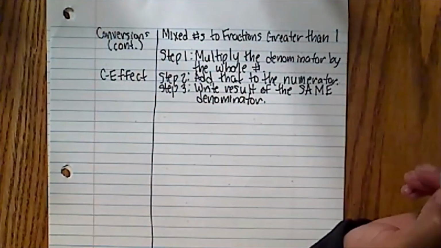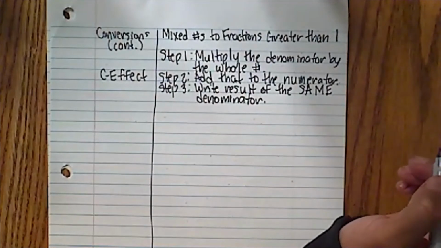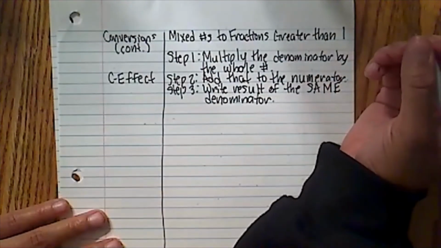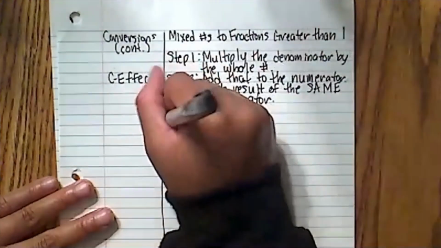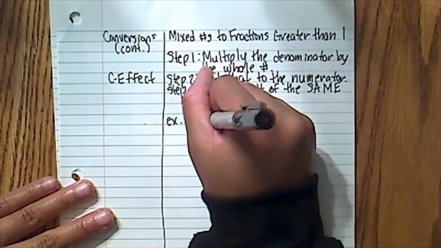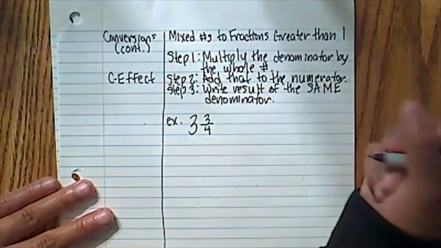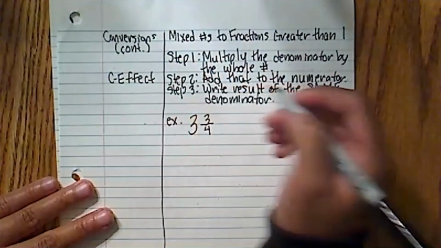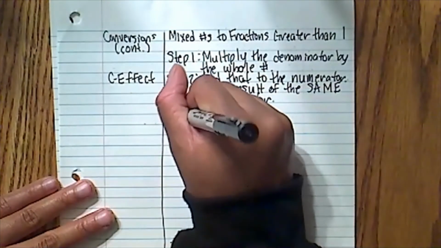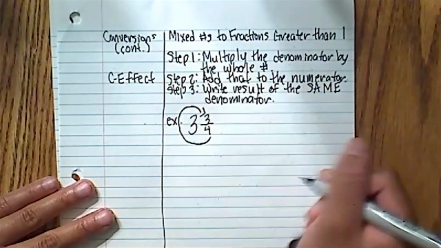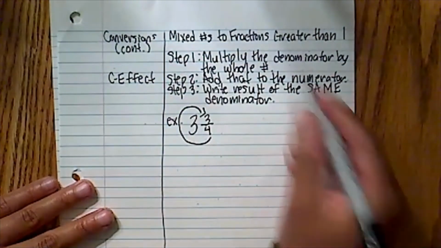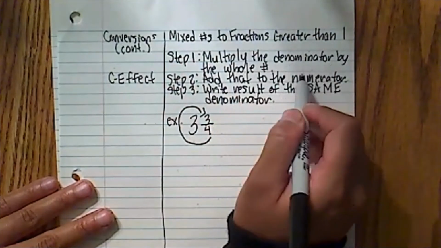Our example is the one we used from before, 3 3/4. So we have whole number 3 and 3/4. This is our mixed number. When I say the backwards C effect, we're going to take a line and curve it around to make a backwards looking C. This tells you to multiply the denominator by the whole number.